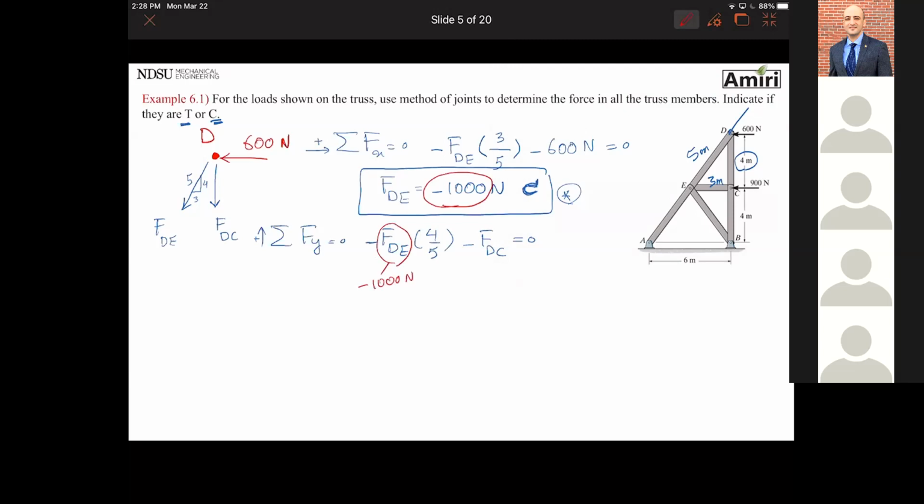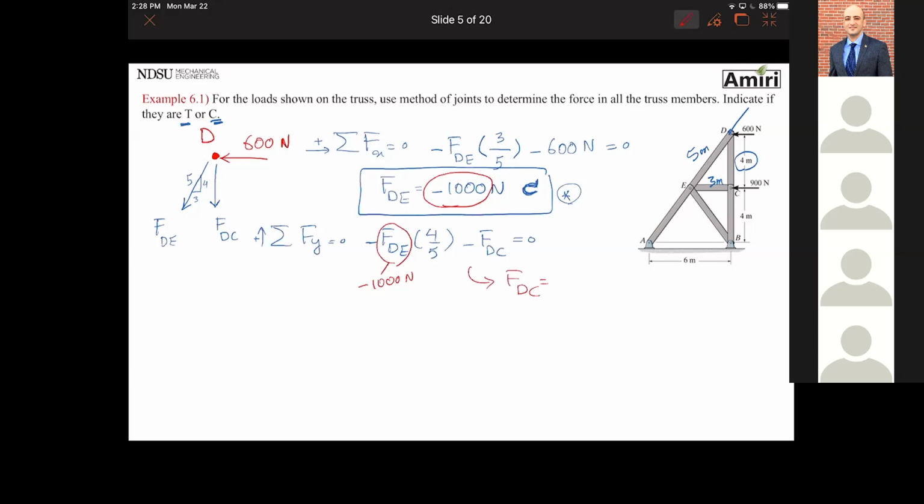I want everyone to look at it and understand these minuses. Just look at it for 5 or 10 seconds. When I write my equation, I go based on my free body diagram, but then I substitute the value that I have in there.